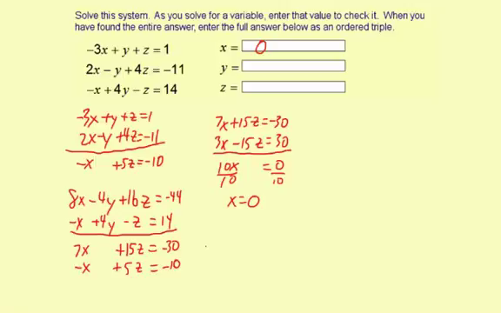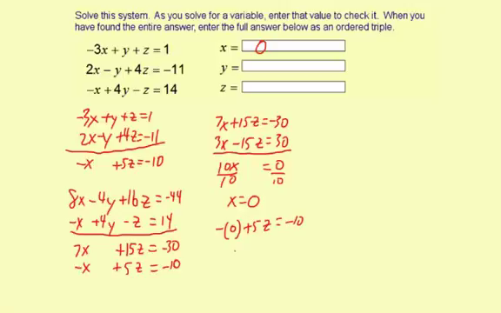Okay, now we're going to back substitute to solve for the other variables. I can back substitute into one of these equations here, the x and the z equations, to solve for z. So let me substitute into the second equation here. So it's going to be negative of 0 plus 5z equals negative 10.